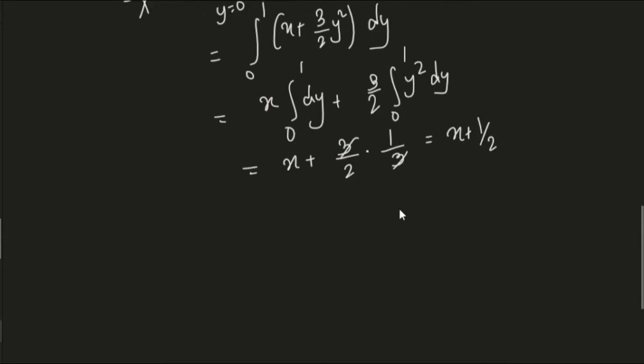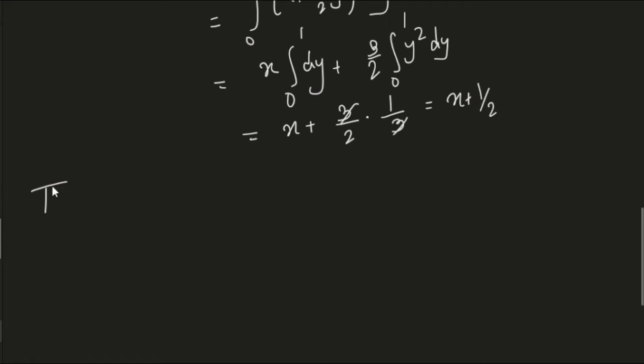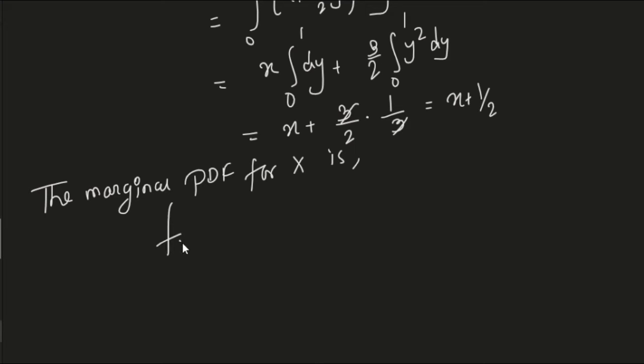So therefore the PDF of x is f of x equals x plus 1 by 2, for 0 less than or equal to x less than or equal to 1.